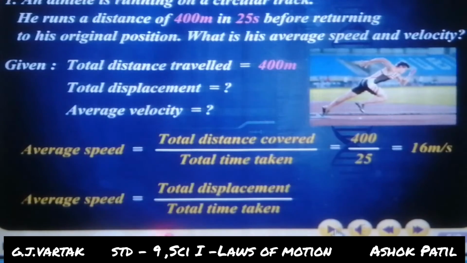Total time is 25 seconds. Displacement is 0 upon 25, because the athlete is running on a circular track. That's why the total displacement is 0.